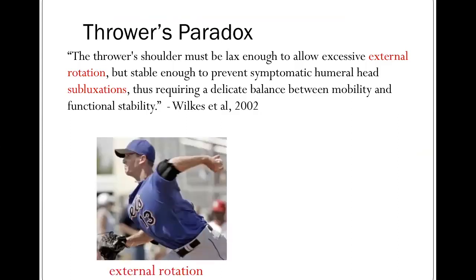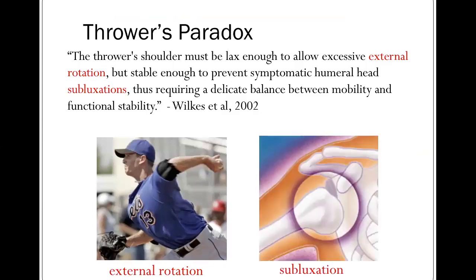Here's a picture where you can see that the body is amazing at adapting to these different circumstances. Here's our external rotation. Sometimes, starting with training, the laxity of our joint capsule and our labrum can allow the bone to start to come out of the joint partially.